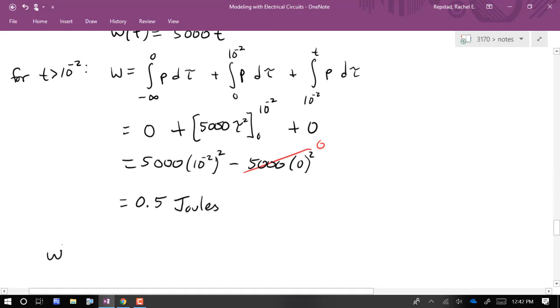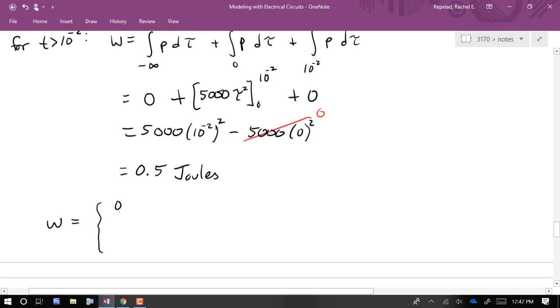So our energy as a piecewise defined function is 0, then 5,000 t squared, and 0.5 on our intervals.